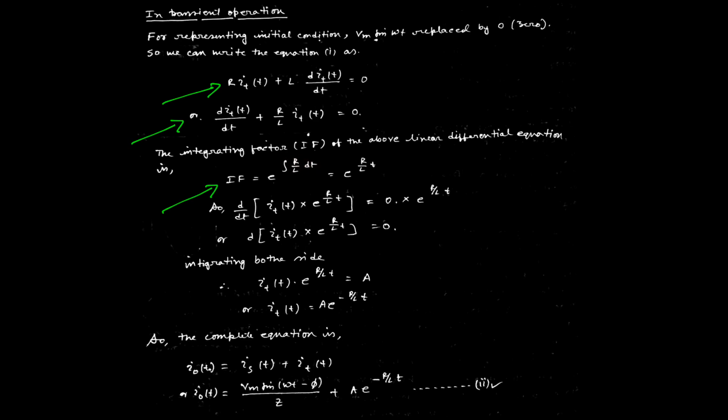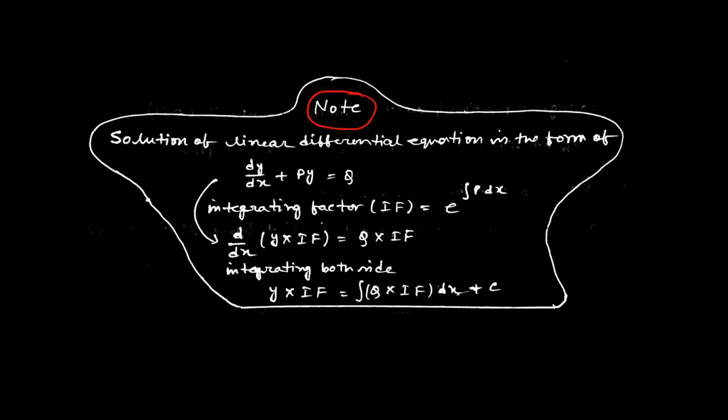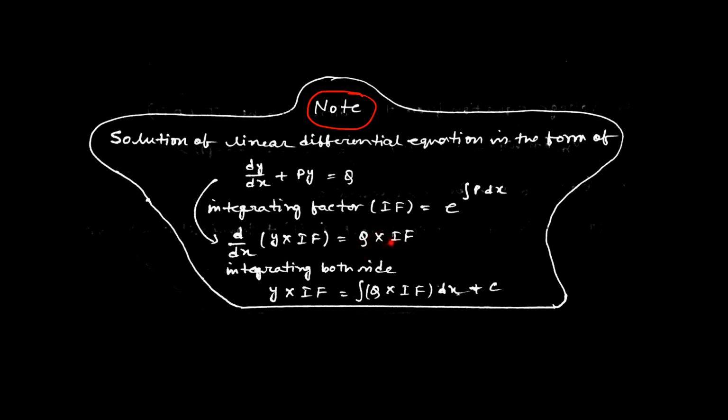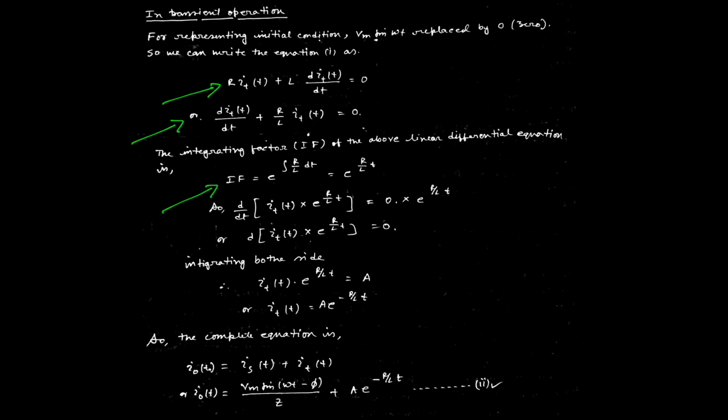That means the solution will be i_t into the integrating factor, here y equal to i_t, equal to q into IF. Here q equals 0, so it is 0 into e to the power R by L t.